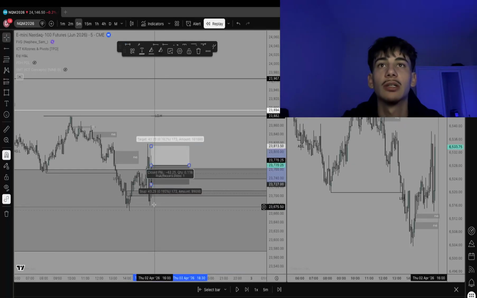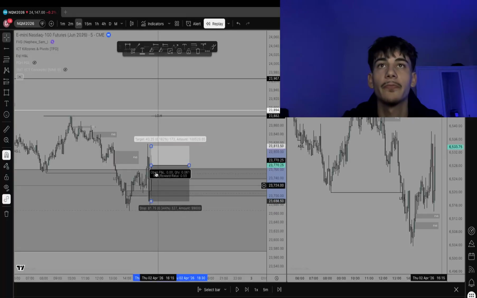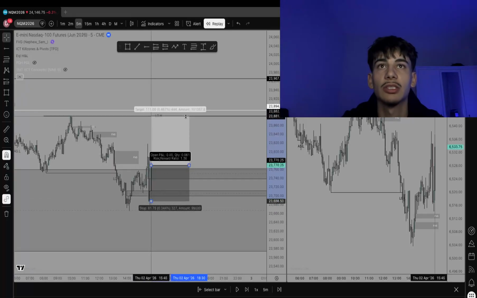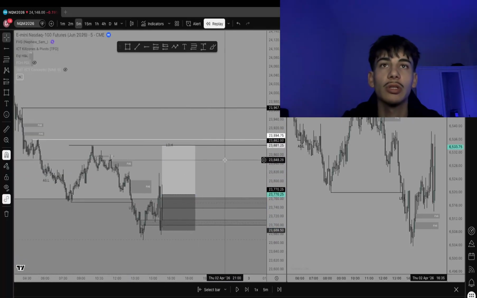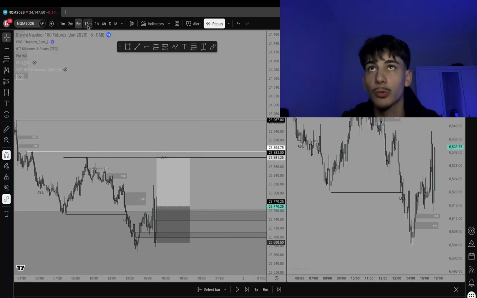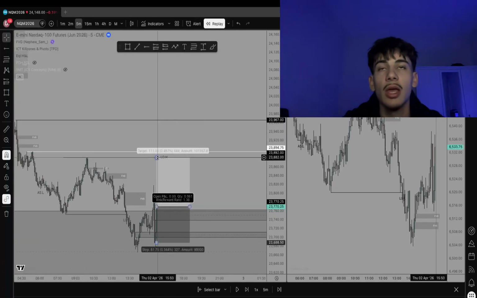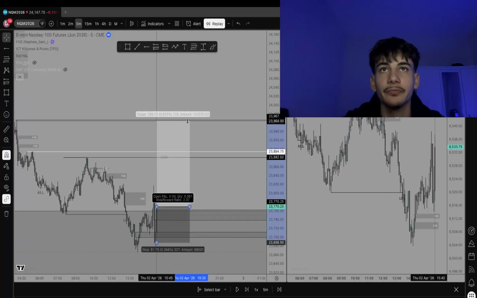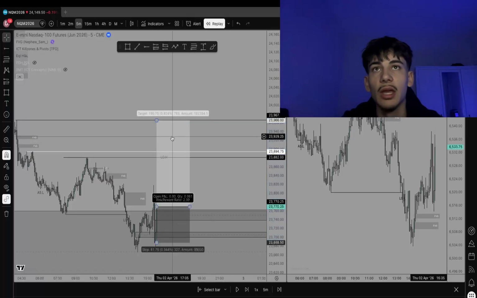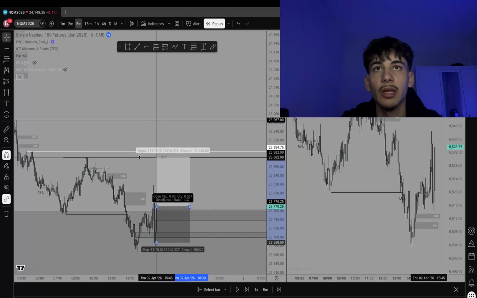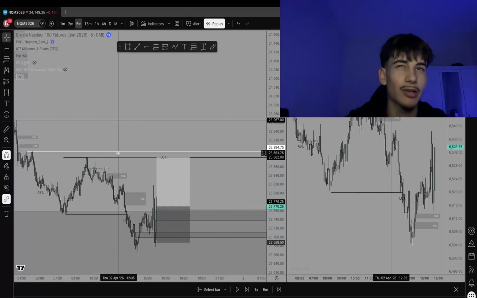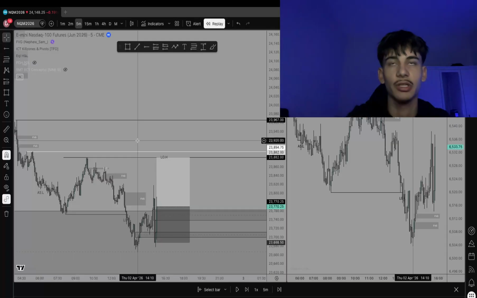That was a very, very nice trade, to be honest. You could have had an inverse, stop loss at the low, and TP at London high. Or if you want to go for more RR, which I don't recommend for beginners, take partials and then leave some here. This would have been a really, really confident trade.